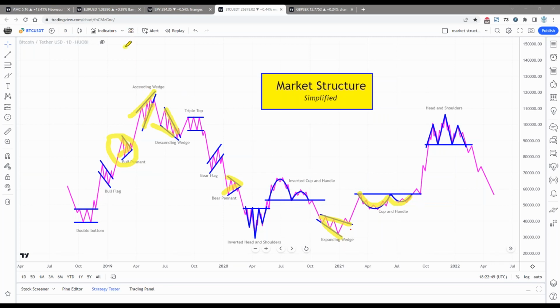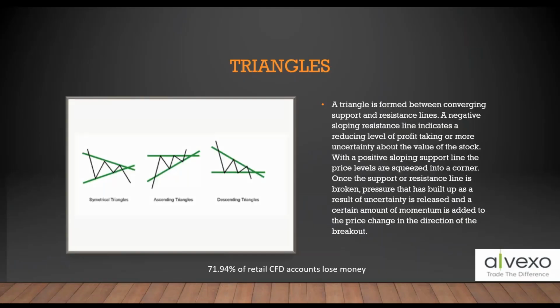Now, the fact is, each one of these patterns has somebody somewhere that's written a set of explanations on what you should do every time you see this pattern. But I've done the work, okay, and come to realize, and so have a lot of people in our industry, that a triangle is a triangle is a triangle.